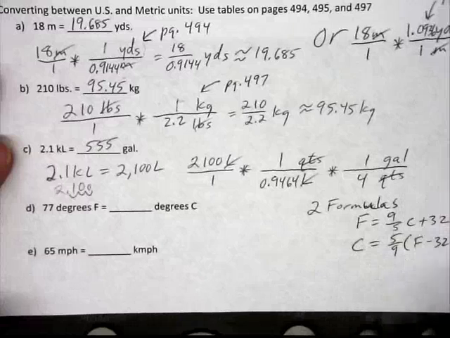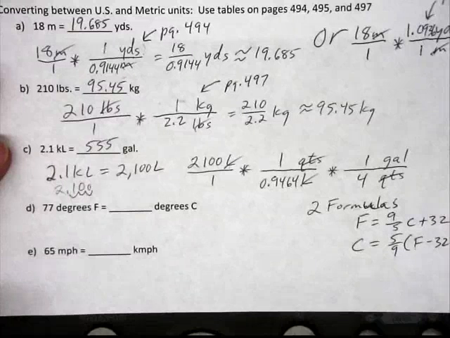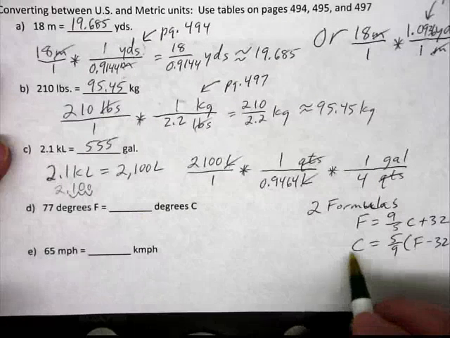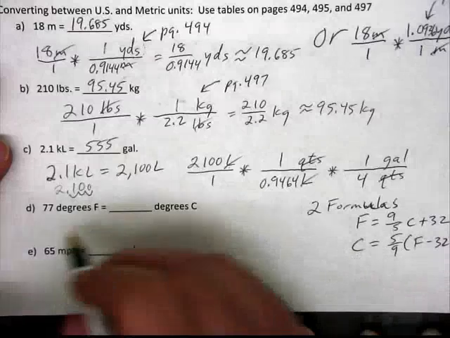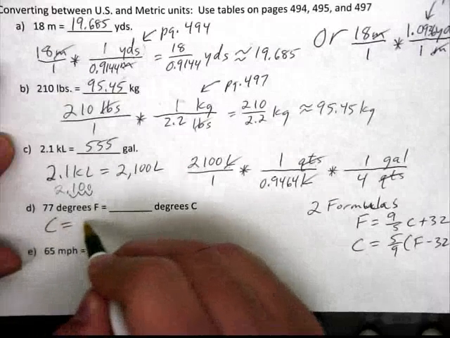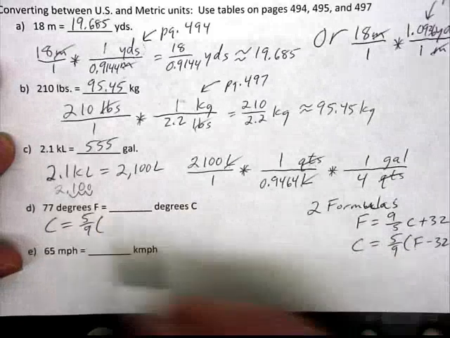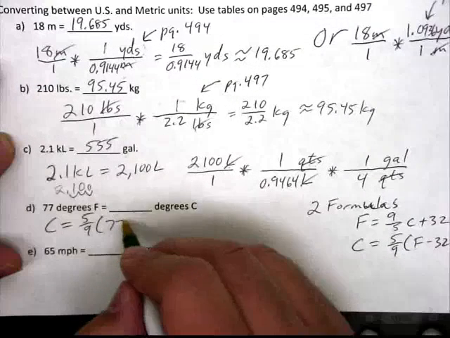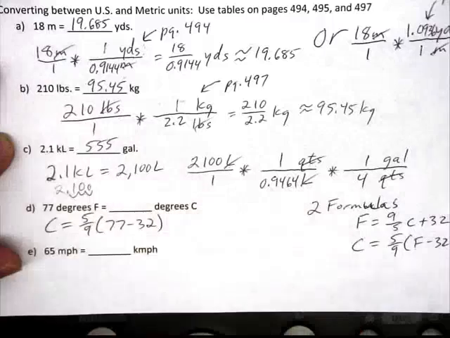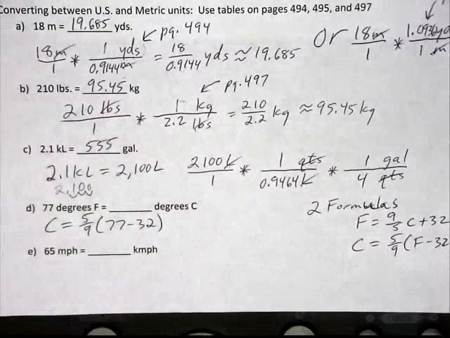So for this problem, we want to convert degrees Fahrenheit into degrees Celsius. So I'm going to use this second formula here. So I'm going to say C is equal to 5/9 times my degrees in Fahrenheit, which is 77, minus 32.